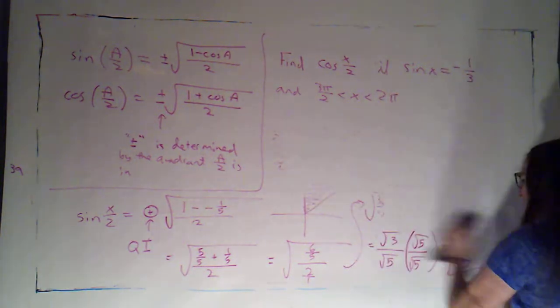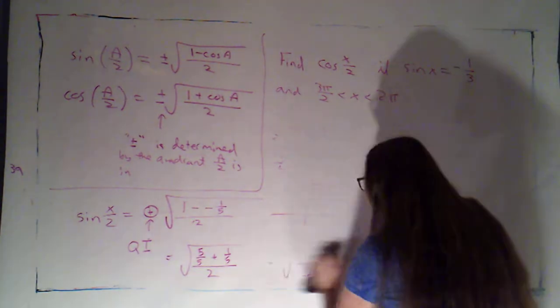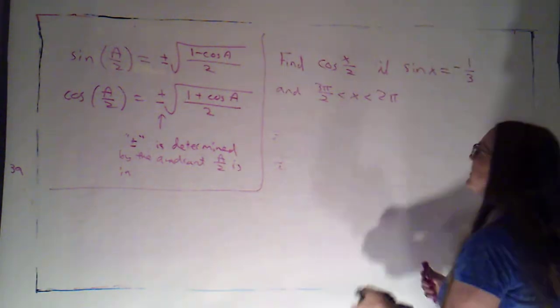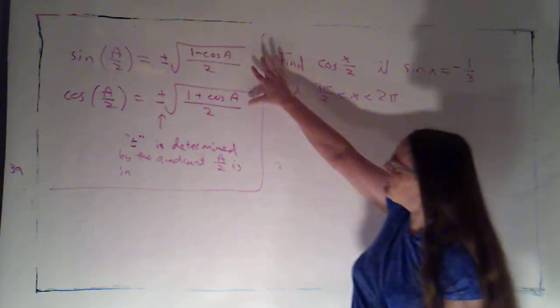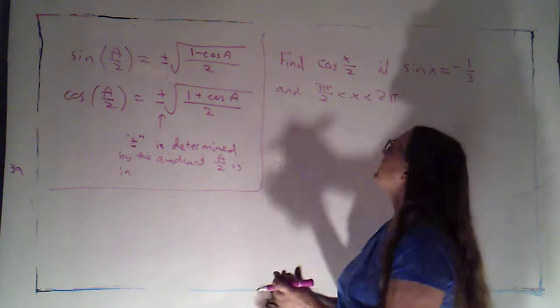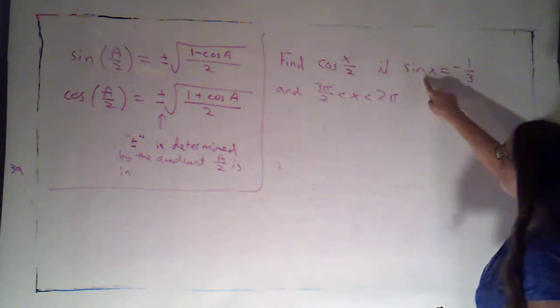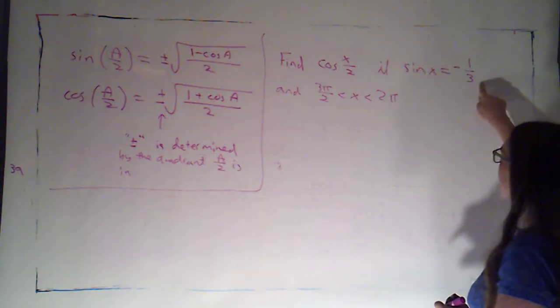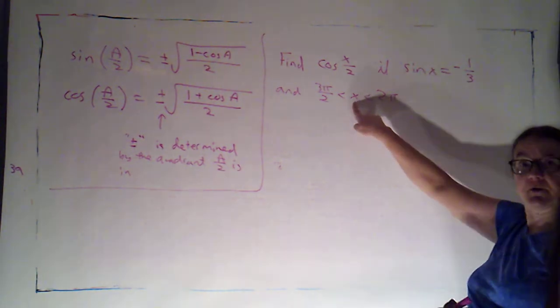So, similar to the last problem, but I'm going to point out this one's a little bit trickier. Okay. And the reason it's a little bit trickier is because in both of these formulas we needed to know what cosine of the angle was. And here I didn't give you cosine, I gave you sine.